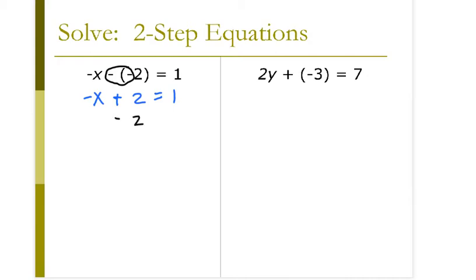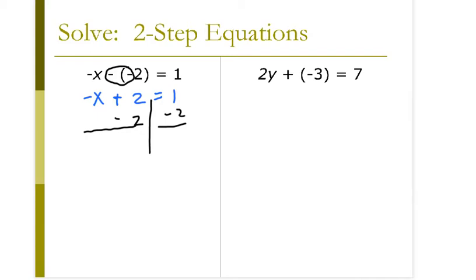We remember that we have to apply our property of equality. So because we subtracted 2 on the left side of our equation, we also have to subtract 2 from the right side of our equation.